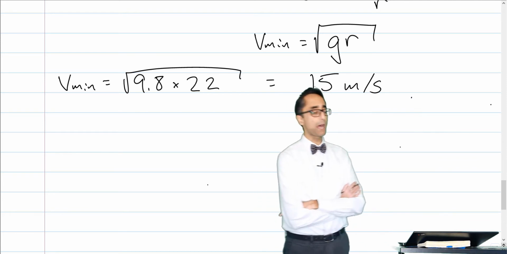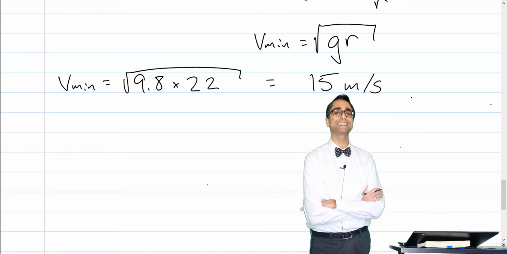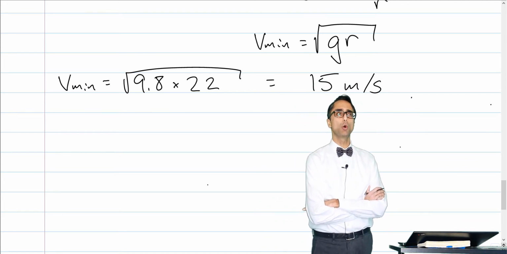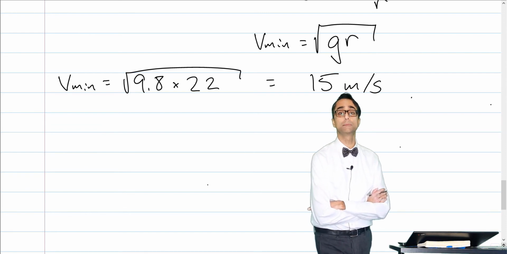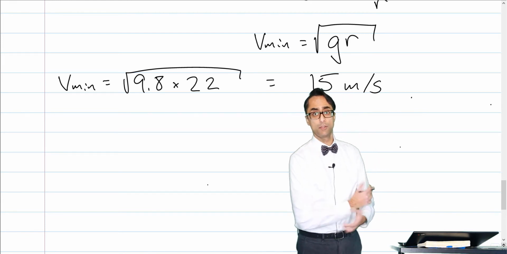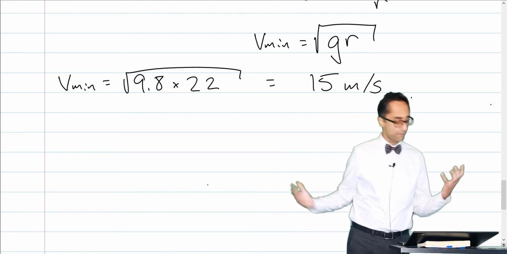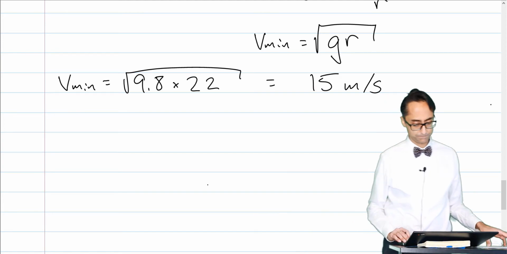But that's how you would calculate the minimum velocity necessary to go through a loop without falling down. Any velocity above that will work as well, but then you would start to accumulate a normal force. And the normal force gets stronger and stronger the faster you go.